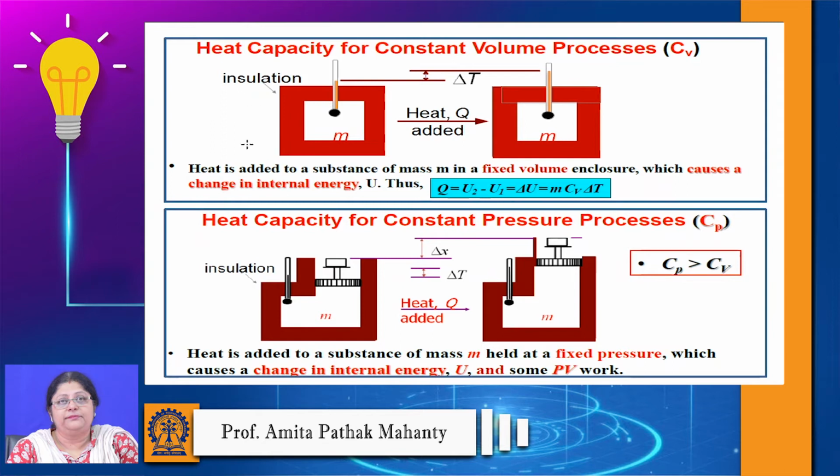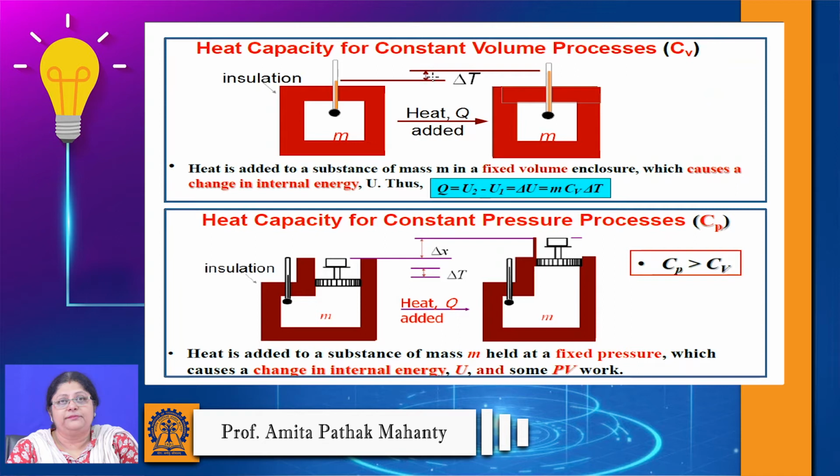So the container volume is fixed, and you have a fixed mass. Now, when we are talking about heat transfer, we are putting in heat. What happens? The temperature rises, and the temperature rise at fixed volume is causing the change in the internal energy.